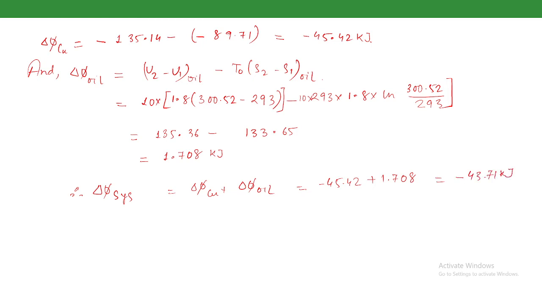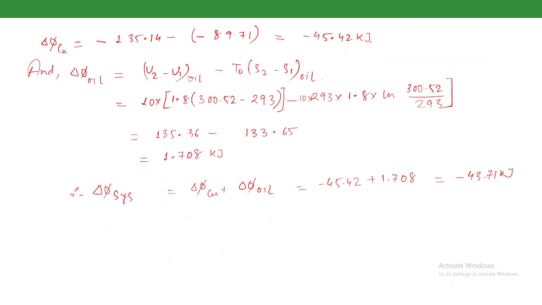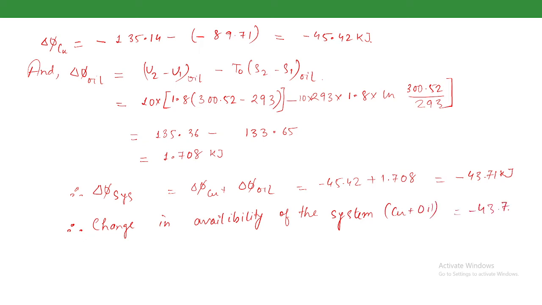So this is the change in availability. What are we supposed to find? The change in availability of the system, that is copper plus oil, that is minus 43.71 kilojoule.